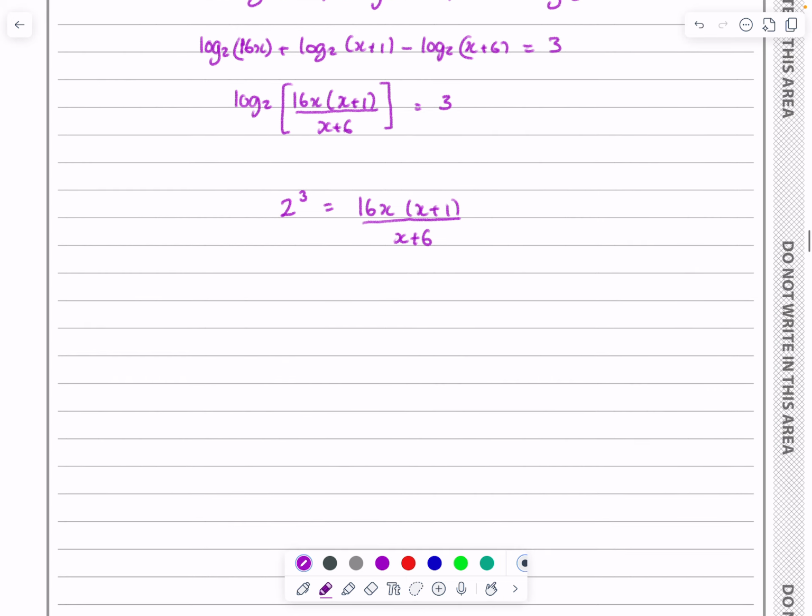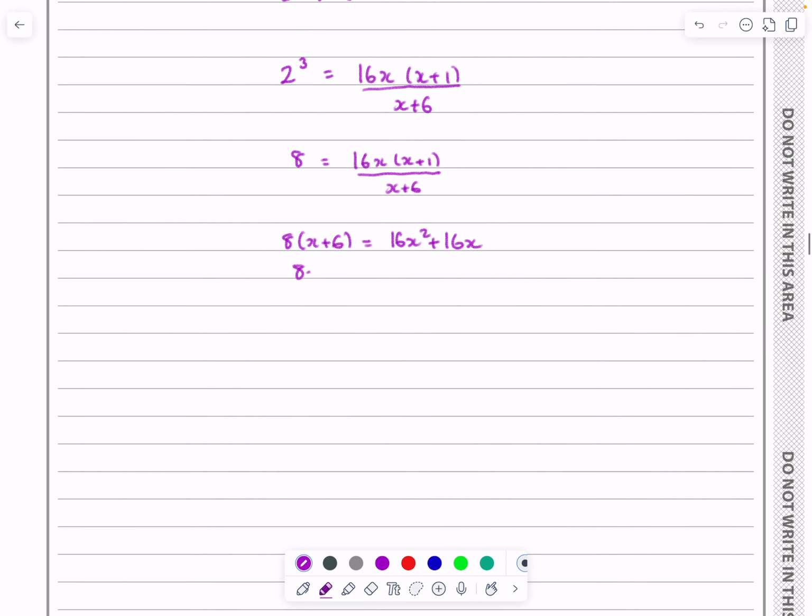Let's do all the work to do it. We get 8 is equal to 16x times x plus 1 over x plus 6. Multiply both sides by x plus 6. I'm doing this pretty slowly, really. Let's quicken up. On the other side, 16x squared plus 16x. This side is 8x plus 48, equal to 16x squared plus 16x.